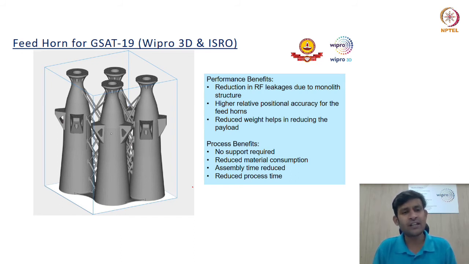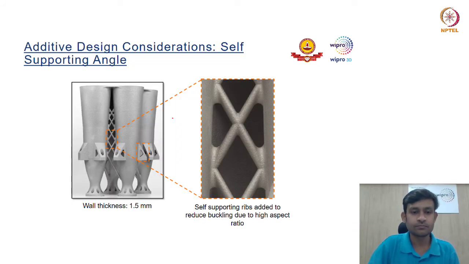We are making the component in one single process, and now only the surfaces required for mating will be machined and tapped, and all the surfaces where bolting is going to happen will be machined and tapped, and then this component will be ready to use. So we are making this component in 3 weeks, and the conventional component we were making in around 3 months.